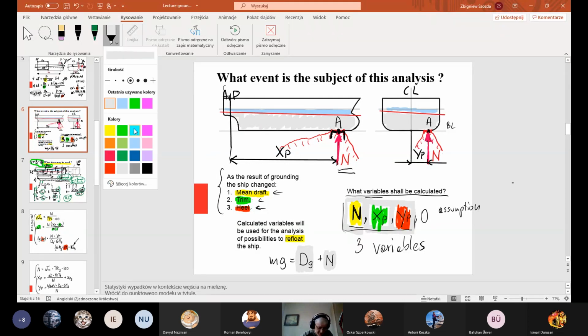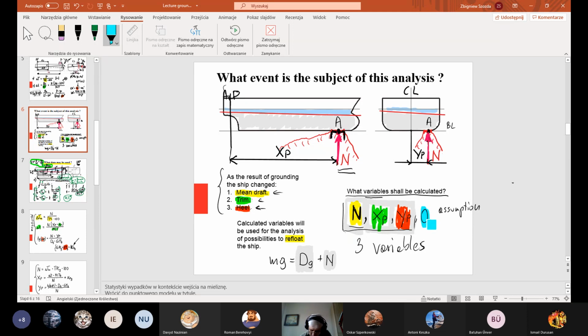The last number, 0, this is the result of our assumption. We did assume that the point of action is placed on the baseline. So the third ordinate is equal to 0.